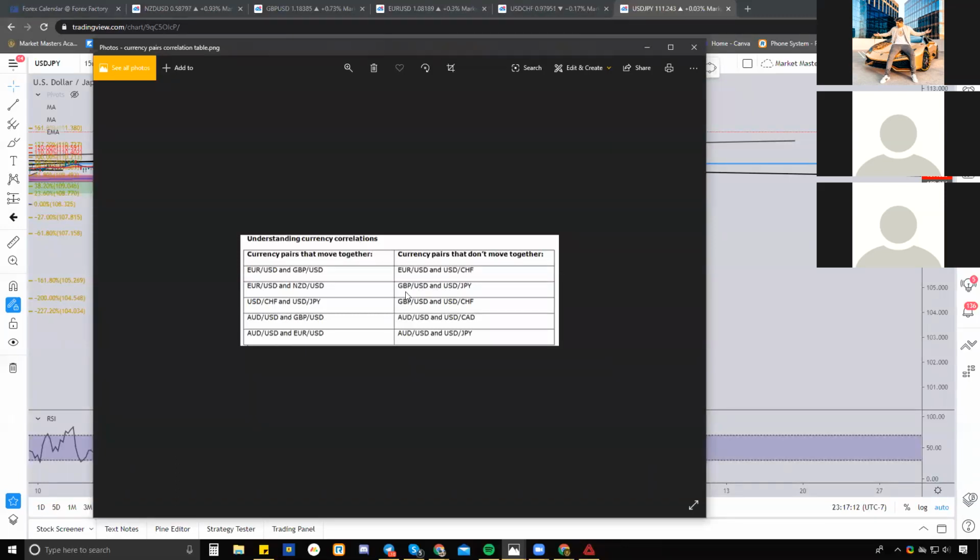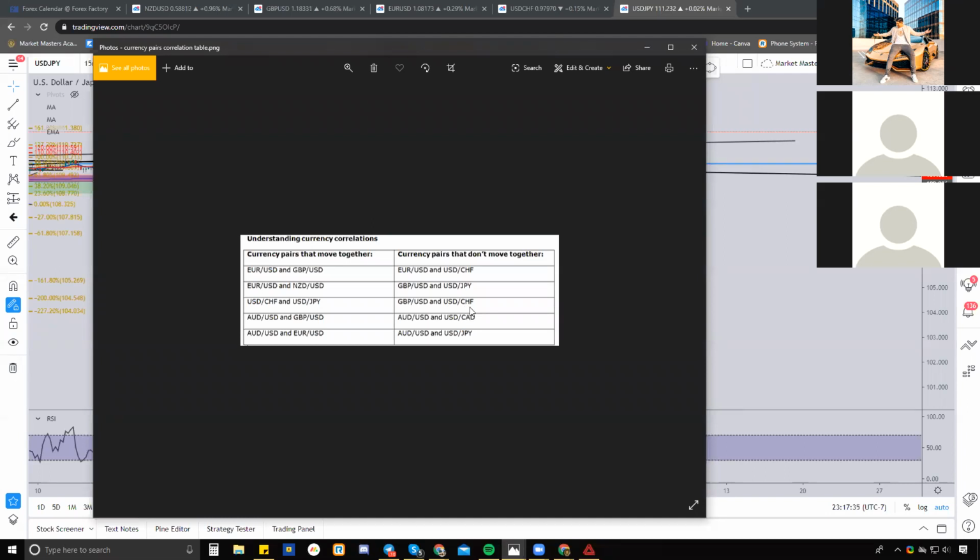So just thinking about the different currency pairs, how they move different from each other or the same. USD/CHF moves the same as USD/JPY, but most likely you can see USD/CHF is opposite from the euro. So USD/CHF, USD/JPY, what is it?